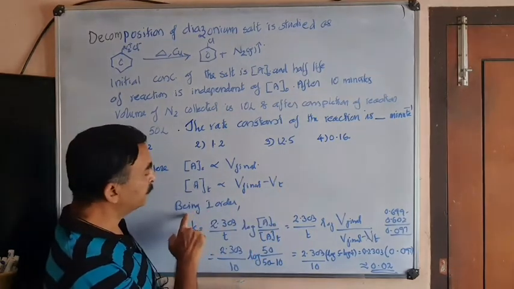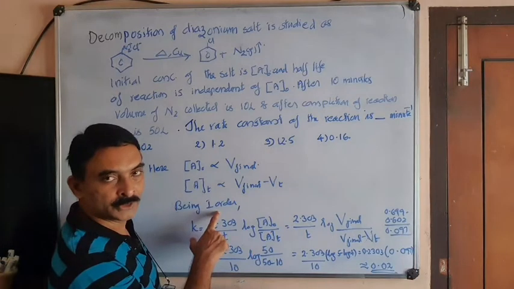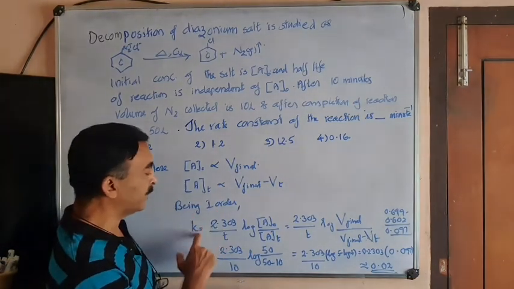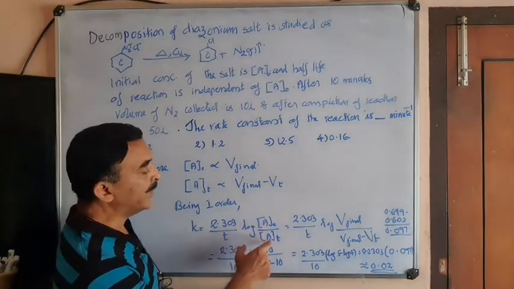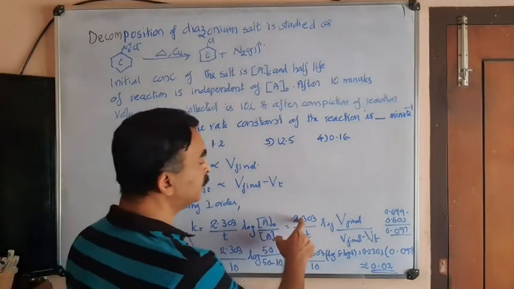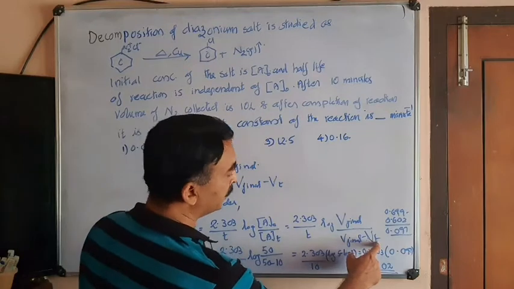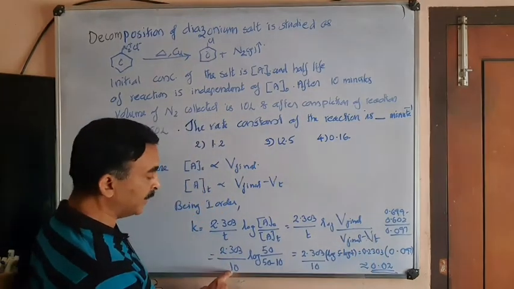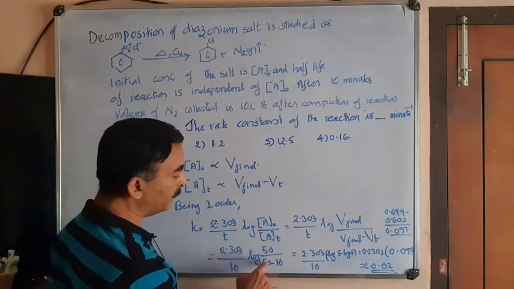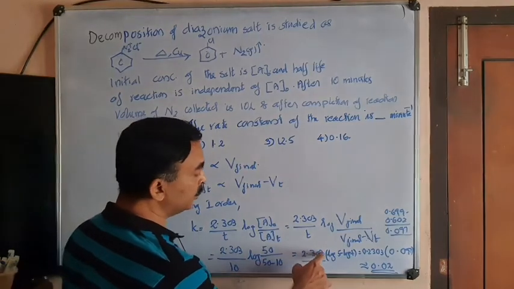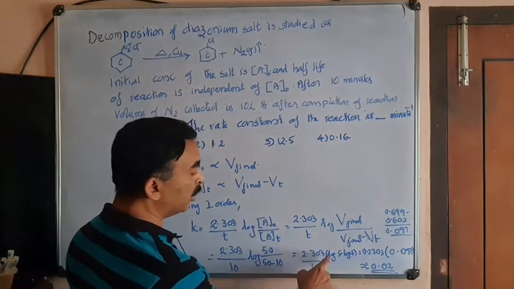Now we simply substitute these values in the first order reaction equation. Being first order, k is equal to 2.303 by t log A0 by At, which is equal to 2.303 by t log V final by V final minus Vt, which is 2.303 by 10 minutes log 50 by 50 minus 10. So 2.303 by 10 log 50 by 40, which is log 5 by 4.